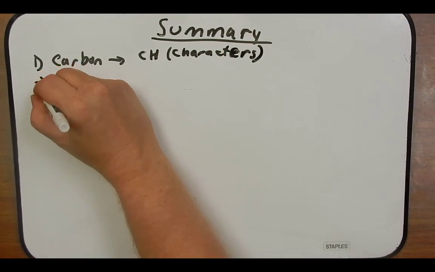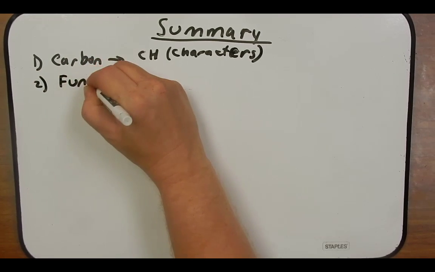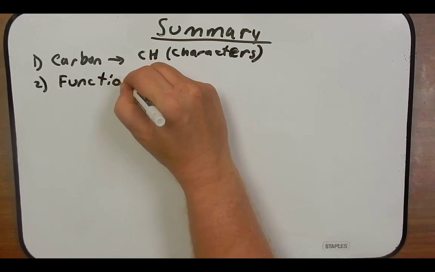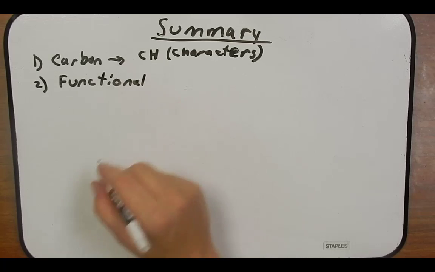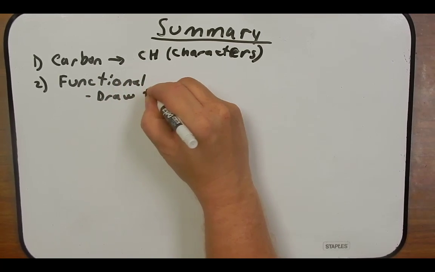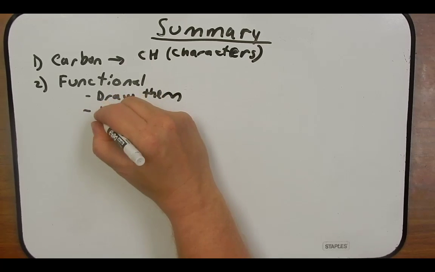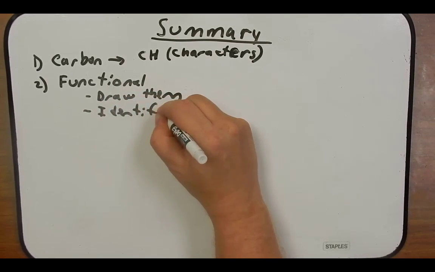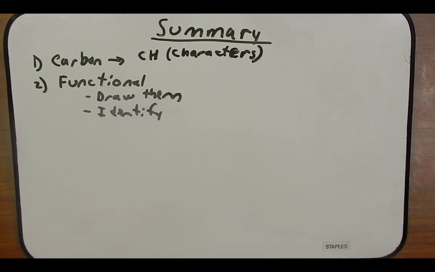We then spent a little time talking about functional groups, and we only talked about 7 functional groups. So make sure you know those functional groups. You should be able to draw them, and you should be able to identify them if I provide a structure that has one or maybe multiple functional groups, and you should be able to pull out which functional groups I'm talking about.